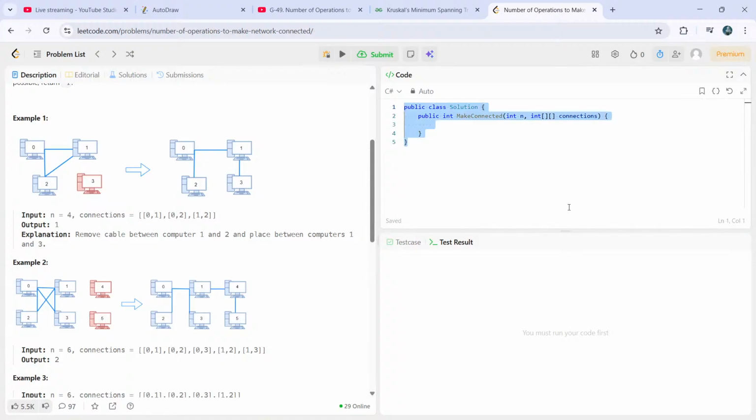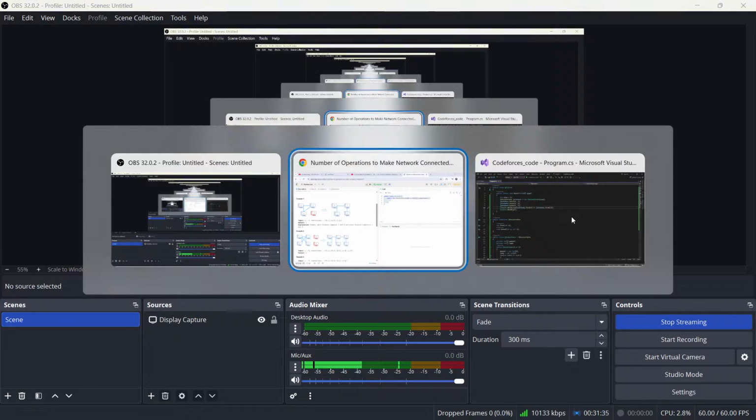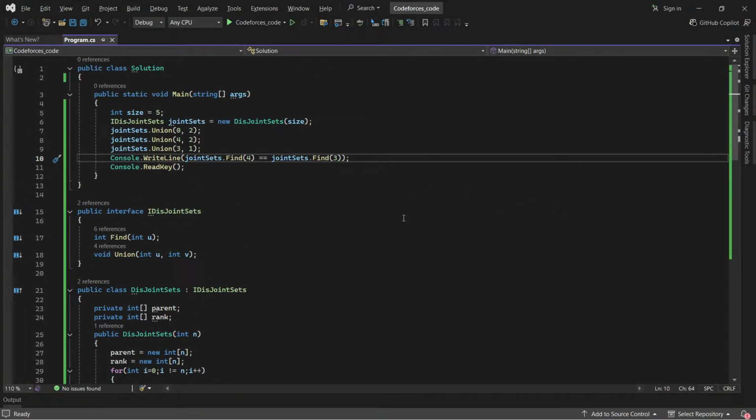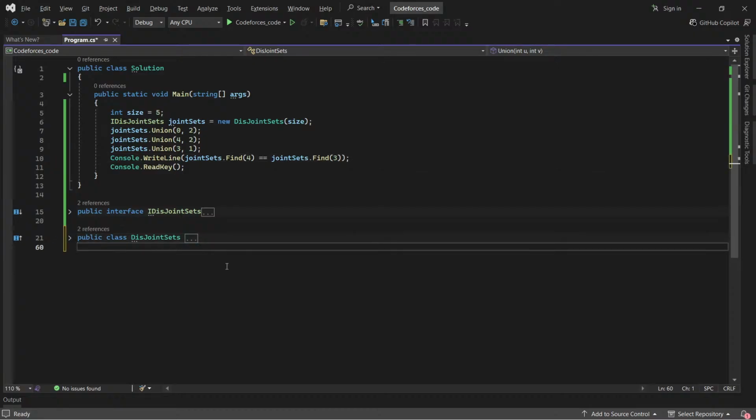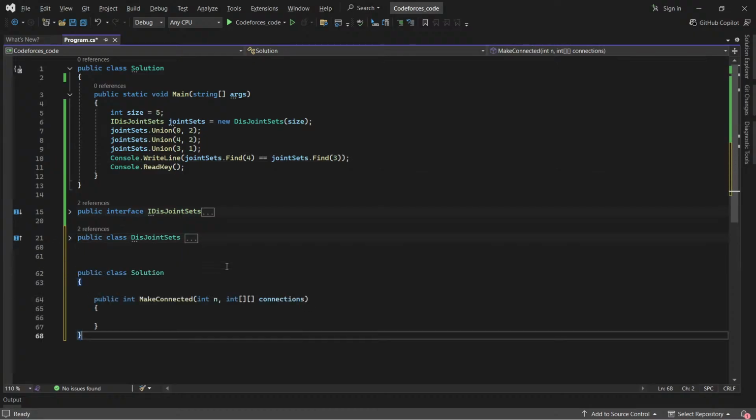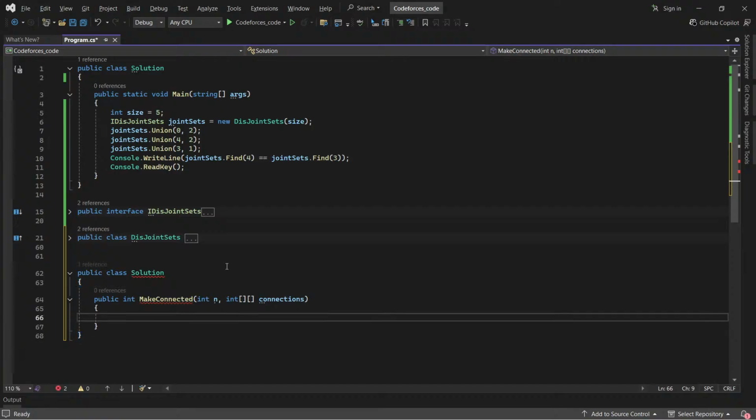So I just copy this and go to my code screen. This is my disjoint set solution. And what will I do?